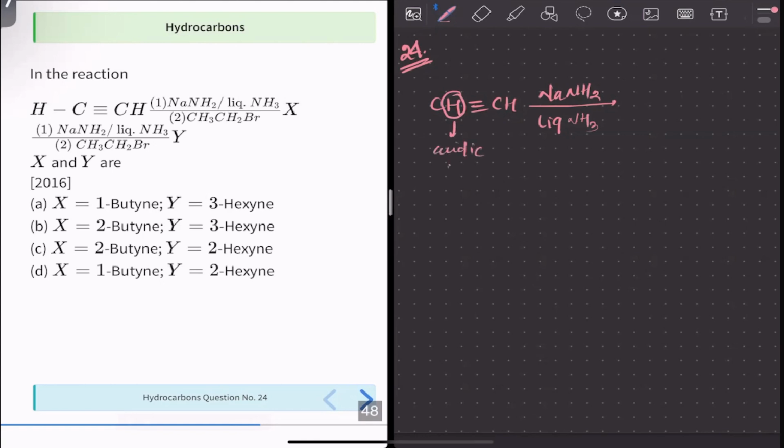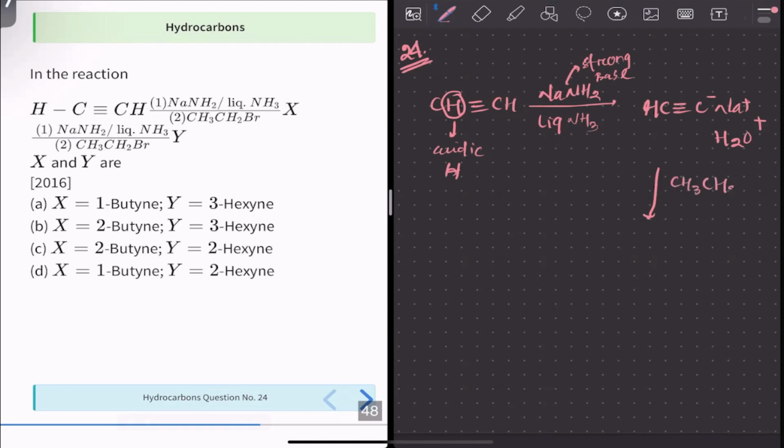So it will proceed like an acid-base neutralization reaction. NaNH2 is a strong base, so the product will be a neutralization product, the sodium acetylide, HC triple bond C minus Na plus.